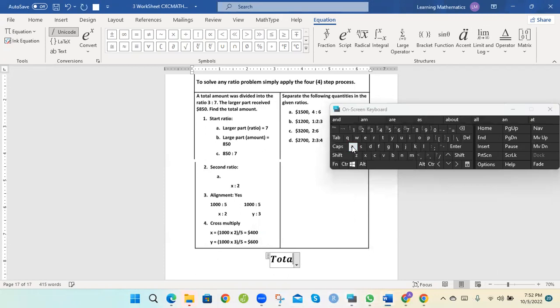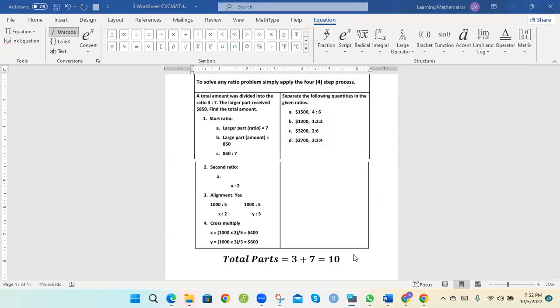Add up the parts and find the total. Even though they want you to find the total, find the total parts. You simply add the parts, and the parts here are 3 and 7. So you say 3 plus 7 will give you 10. Okay, so you can use that as a rule.